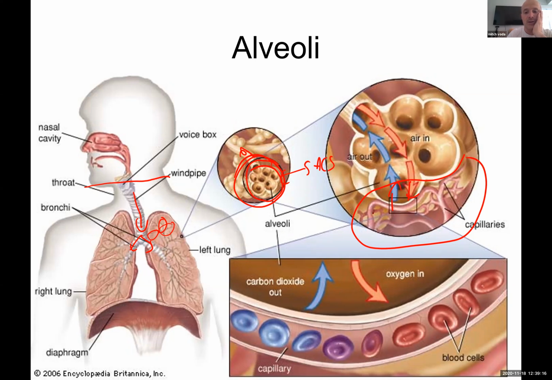The alveoli's function is to allow the transfer of oxygen and carbon dioxide. As blood passes through the blood vessels surrounding the sacs, or the alveoli, carbon dioxide moves out, oxygen moves in.